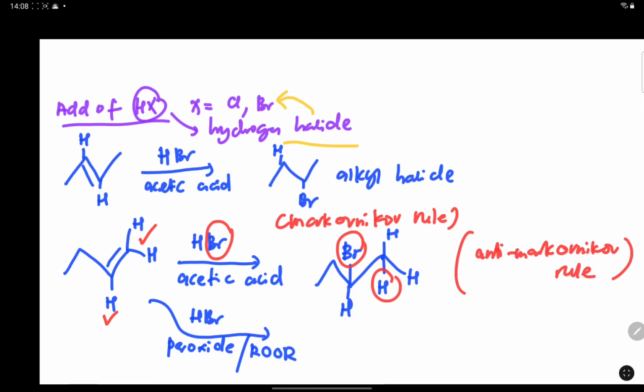Peroxide will make the addition of HX follow the anti-Markovnikov rule. So it will be Br here and H and H.